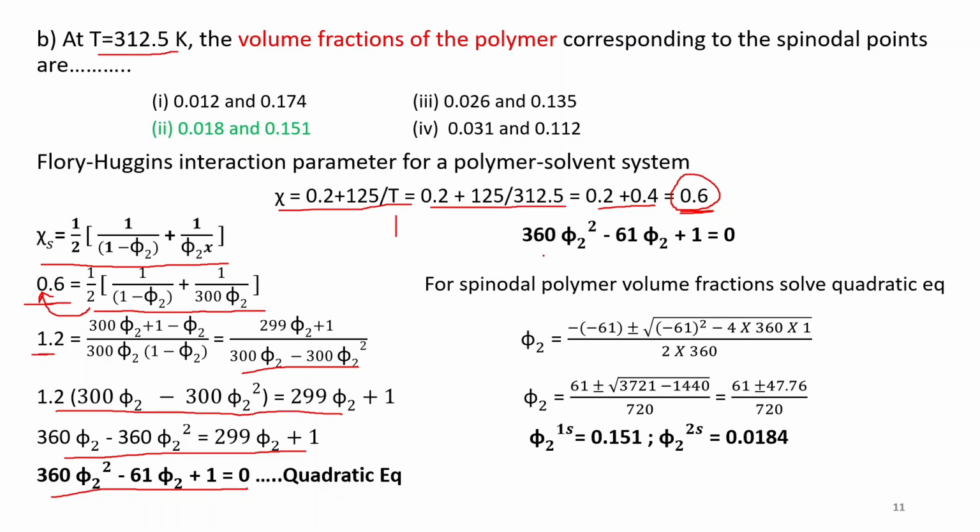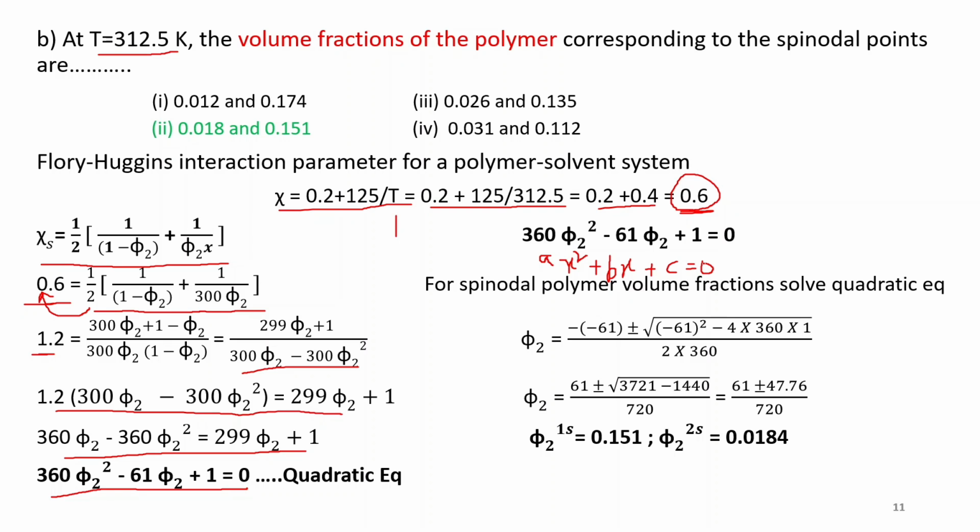So how does this equation look? It looks like a quadratic equation, which is a x square plus b x plus c equals to 0, right?